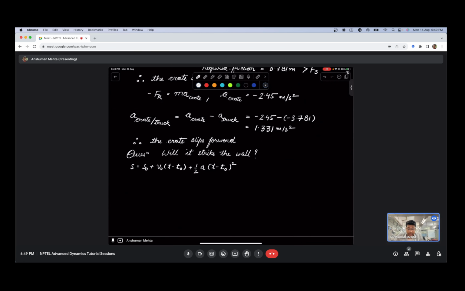So we are finding the relative motion calculation. This gives us 3 is equal to half into 1.331 into t square, which gives us t strike at which it is moving, 2.123 second, which is less than t stop. Therefore, the crate will strike the wall before the truck stops.